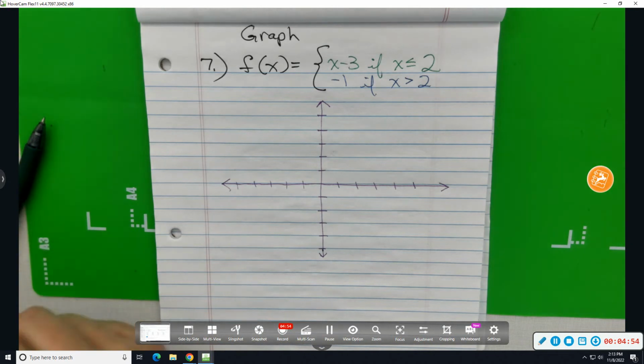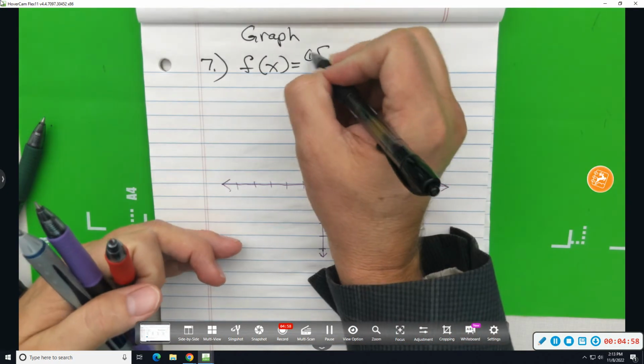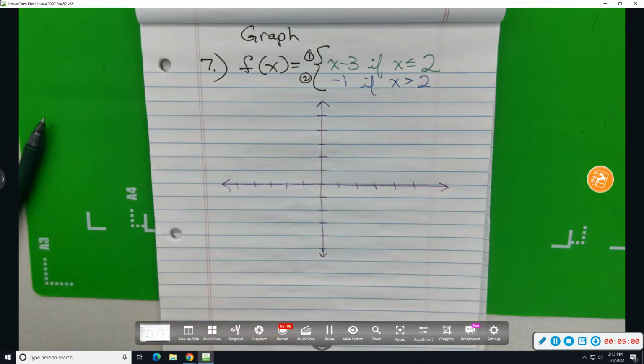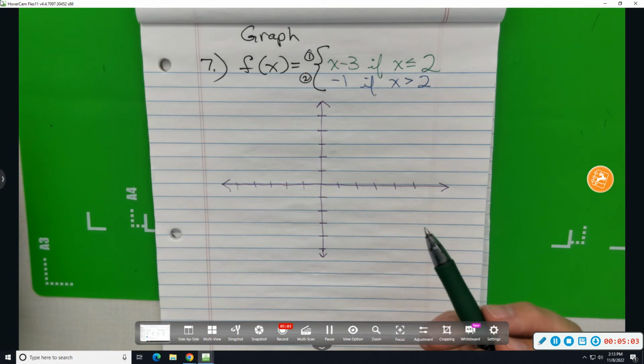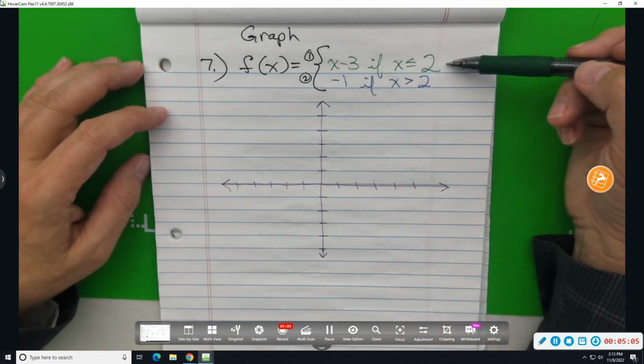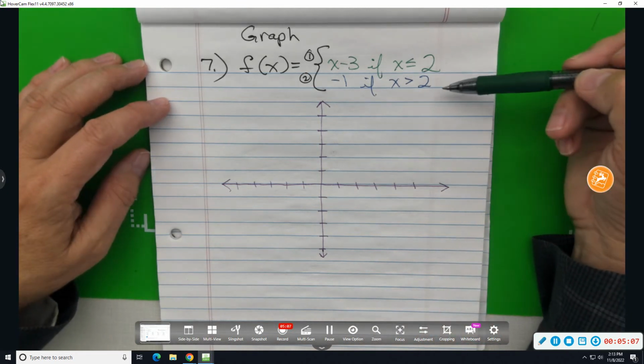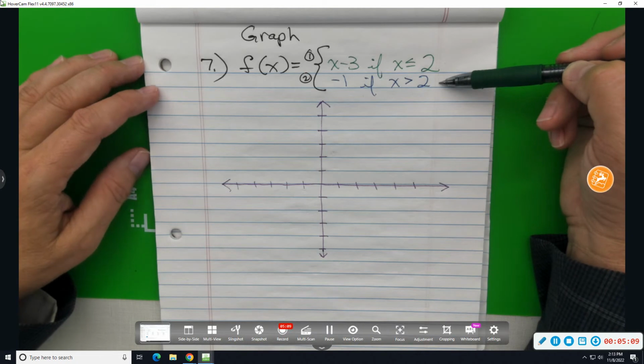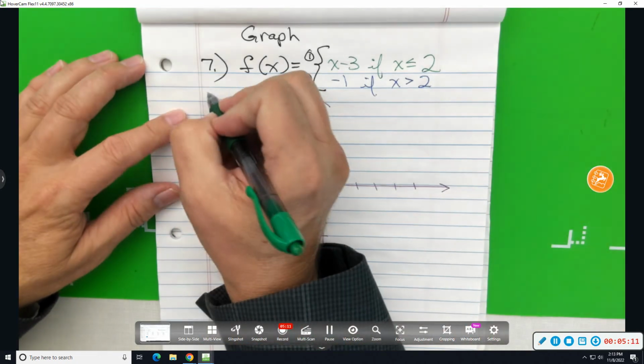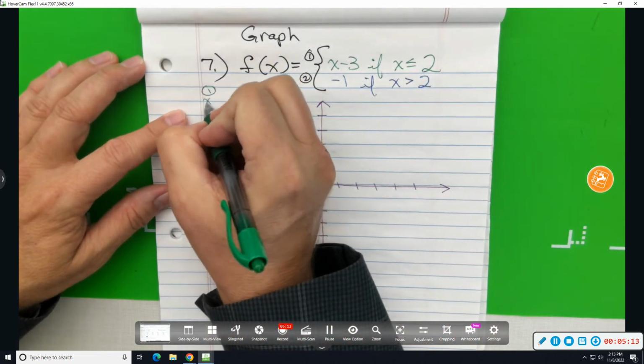I'll label this first piece 1, and the second piece 2. So I'll make a table of values for the green piece, then I'll make a table of values for the blue piece. So here's table 1.